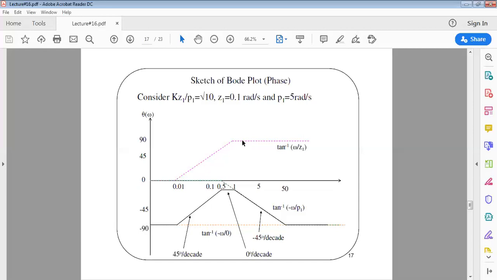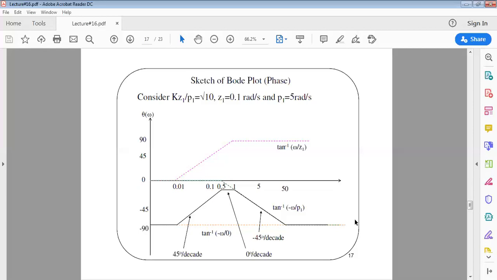For the pole at origin, we have learned that the phase is negative 90 degrees, a constant value. The orange dotted line is the plot of the phase for the pole at origin.